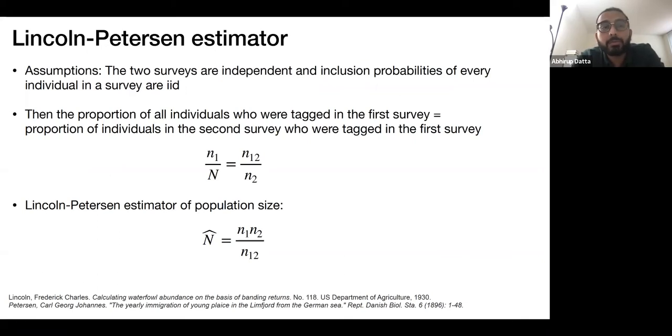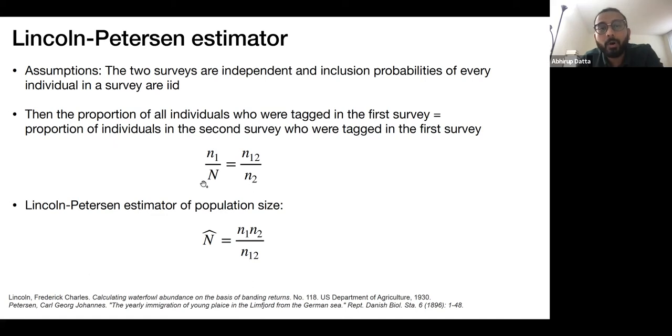Using those assumptions, you can say that the proportion of all individuals in the population who were tagged in the first survey is the same as the proportion of individuals in the second survey who were tagged in the first survey. Because the 2 surveys are independent, this identity is going to hold.